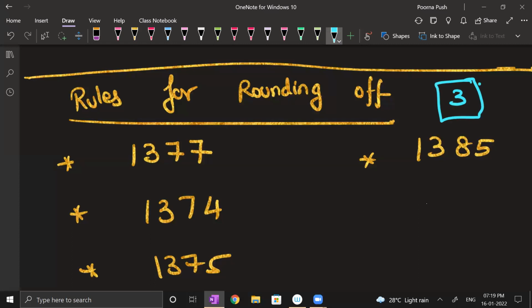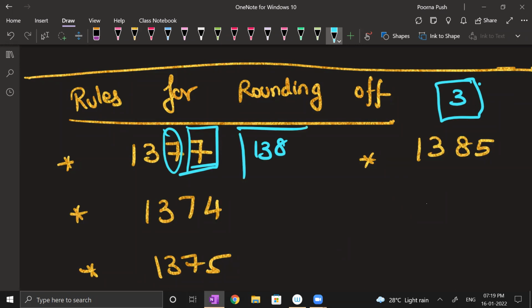These are the rules. So that is the condition given. Then take the next number: 3 digits, and take the fourth number, and see whether it is greater than 5 or less than 5. It is greater than 5. Very good. So what should you do? Add 1 to the previous number. 138 is the answer.